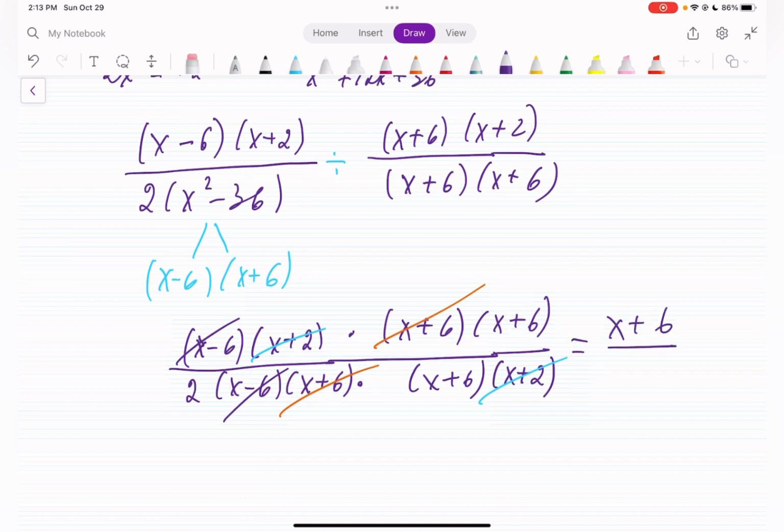At the bottom, I have twice x plus, oh, I can cancel this x plus 6 also. I didn't pay attention. Okay. And this also I can cancel. So the result is I will get 1 over 2. That's all.